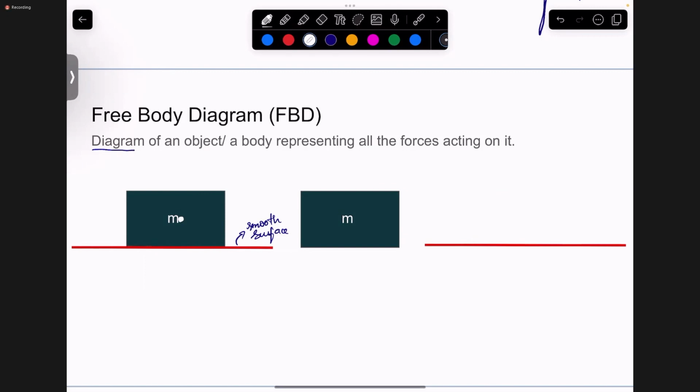Since the mass is uniformly distributed, the center of gravity and the geometrical center will both be equal. Center of mass is a concept that we will be learning in the next chapter.